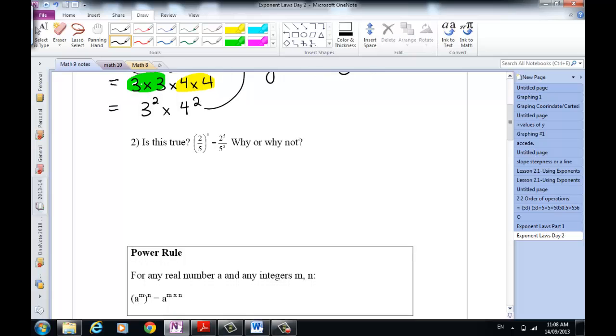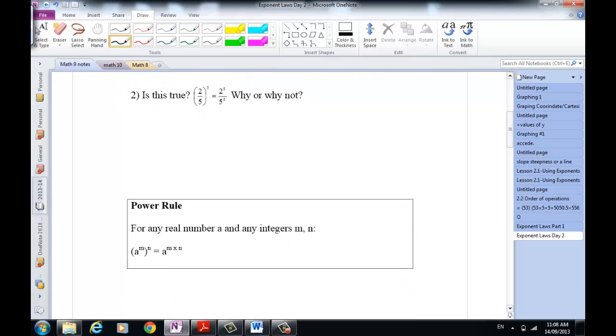So my question then becomes, what about fractions? Is this true? Is 2 divided by 5, all to the 5th, equal to 2 to the 5th divided by 5 to the 5th? So again, let's use this exponent and rewrite it in expanded notation. This would be 2 over 5 multiplied by 2 over 5 multiplied by 2 over 5 multiplied by 2 over 5, and the last one here, 2 over 5.